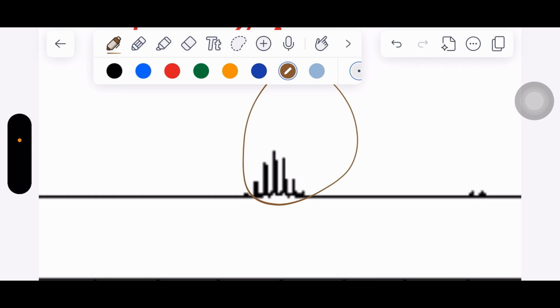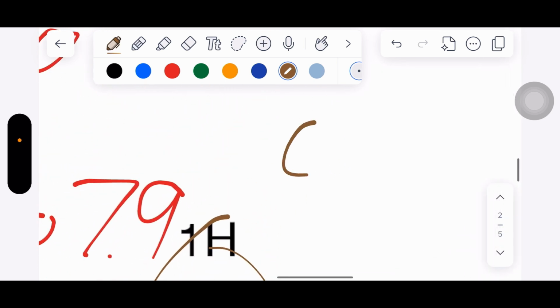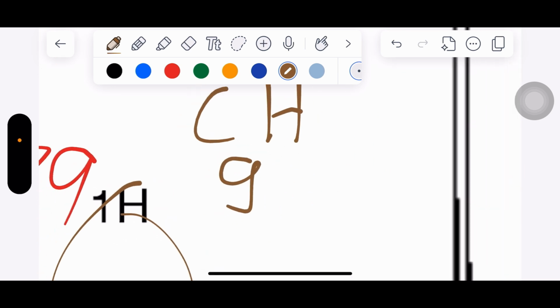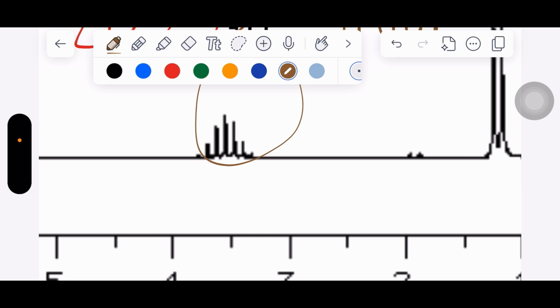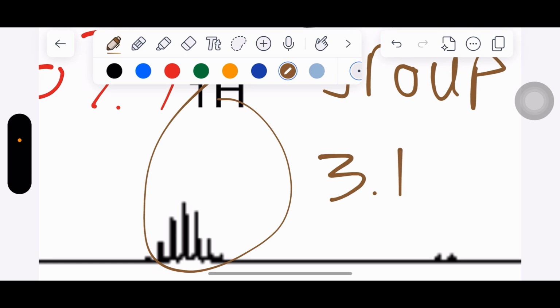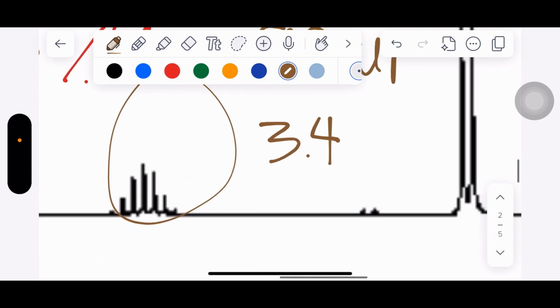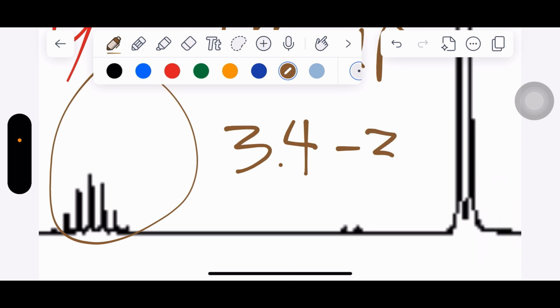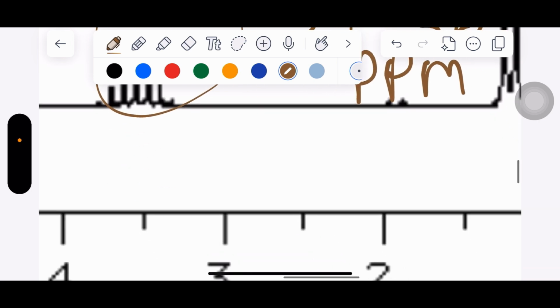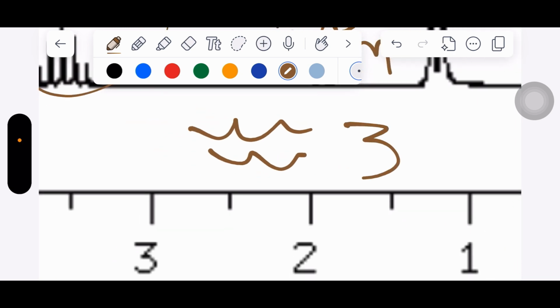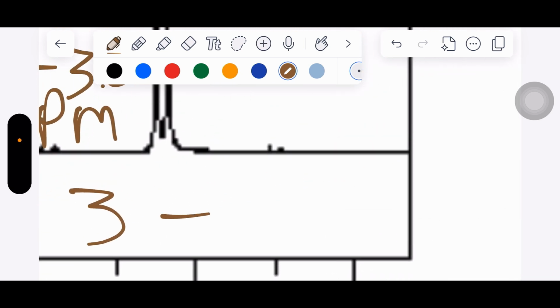The CH group shows up around, let me take a look at this, 3.4 to 3.6 parts per million.